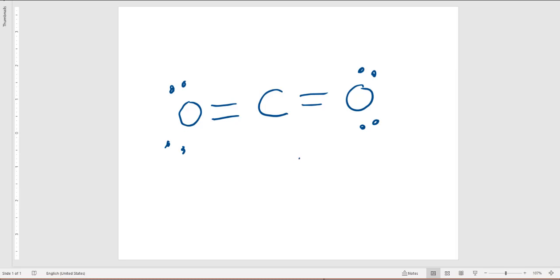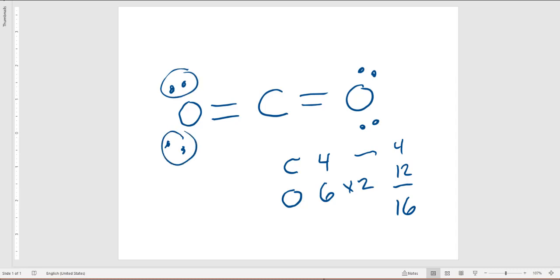So carbon, if you look at the periodic table, is in the 4th tall column. Oxygen is in the 6th tall column, and there are 2 of those. So we have 4 electrons from the carbon valence shell, 12 electrons from the oxygen valence shells, a total of 16. And how many did we use? 2, 4, 6, 8, 10, 12, 14, 16.